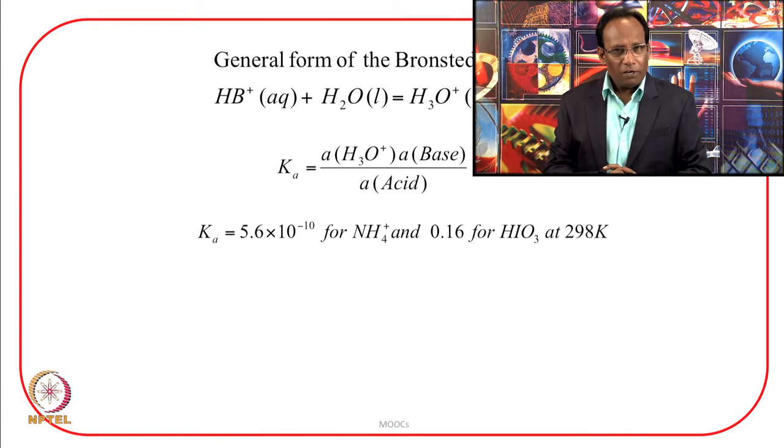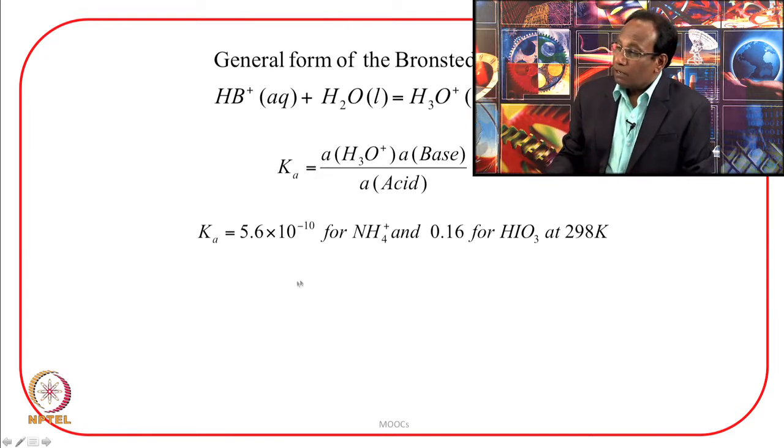Please recall the Van 't Hoff equation: whether the equilibrium constant will go up or down with increase in temperature is decided by the exothermicity or endothermicity of the process. So, going back to the slide, the values of Ka have to be given at a particular temperature, because Ka is actually an equilibrium constant and therefore it is temperature dependent.